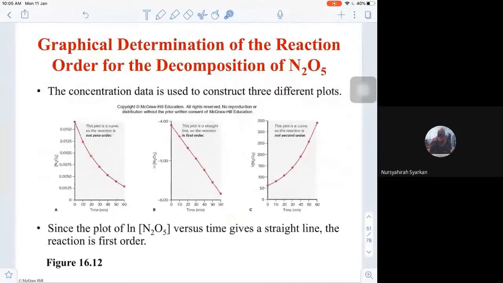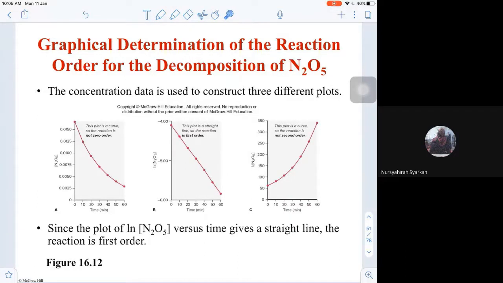Look at the first graph. Let's analyze the first graph. This graph is the graph of the concentration versus time. What do you observe from this graph and what is the conclusion that you can make from this graph?